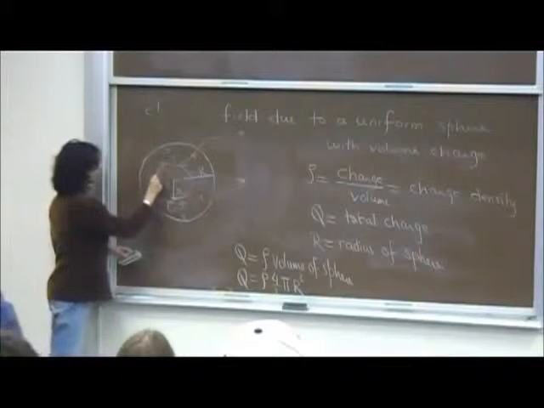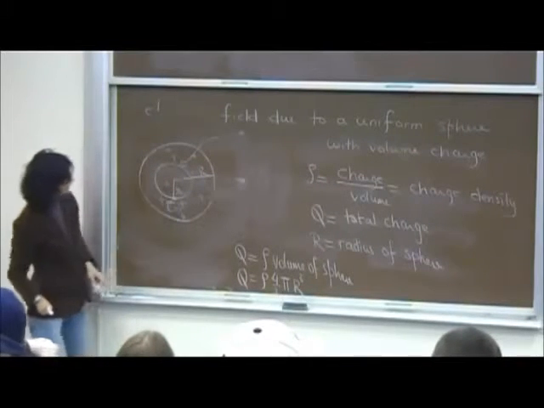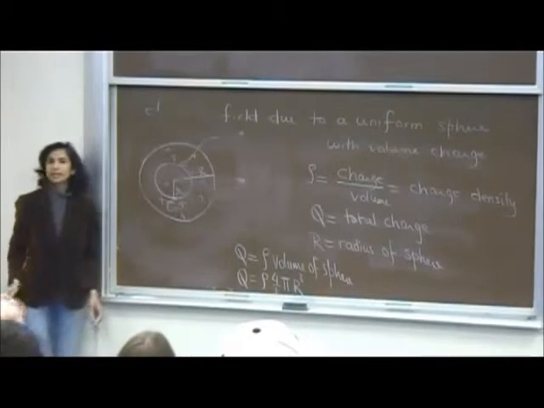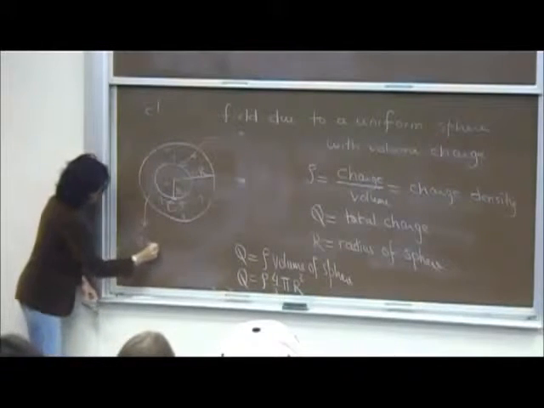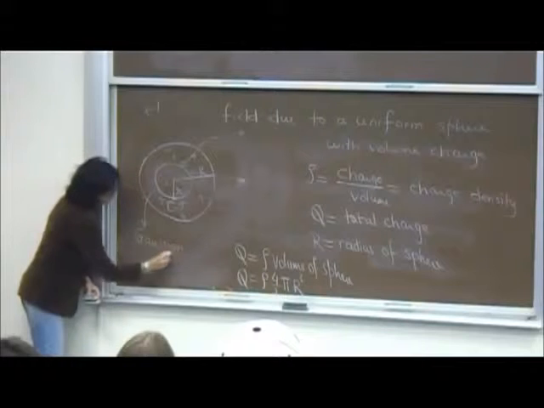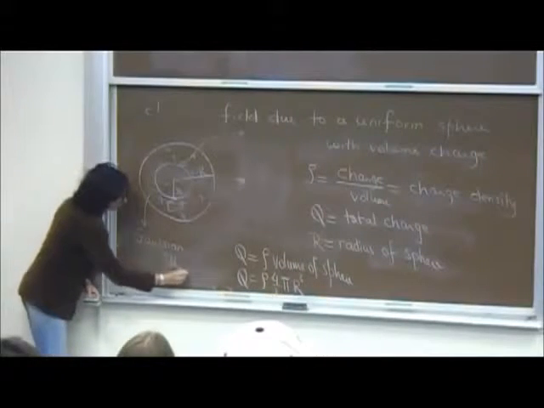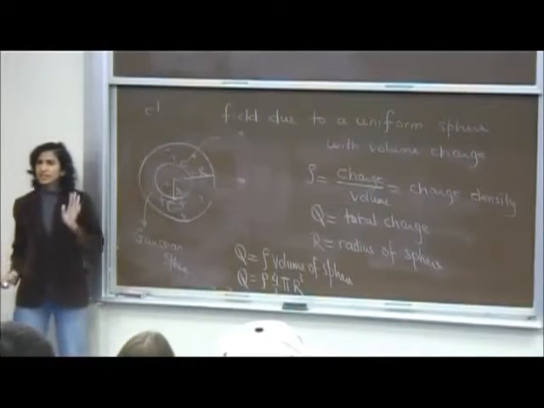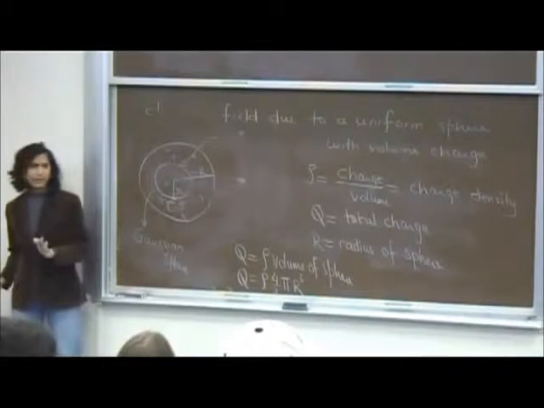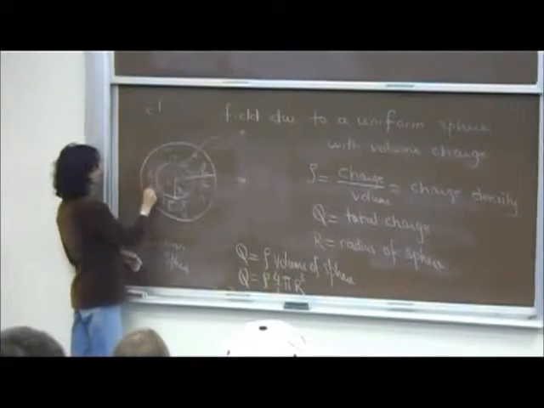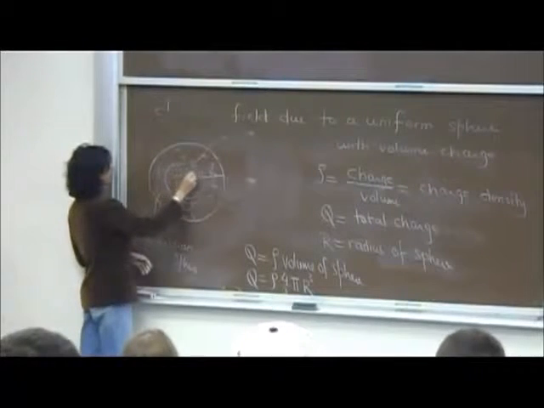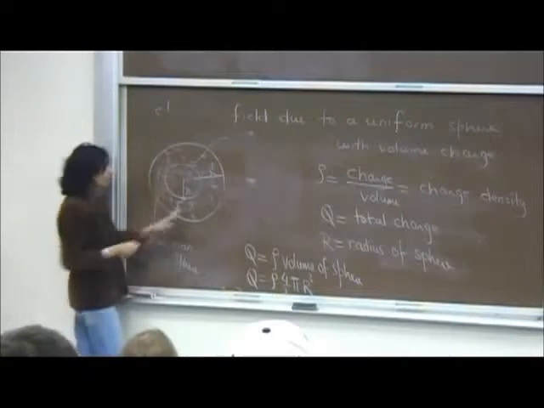My spheres are not looking like spheres, right? Looking like ovals. Okay, so this is my imaginary Gaussian sphere. Again, from the same argument that we had used earlier, look at the way the charges are distributed on this sphere.